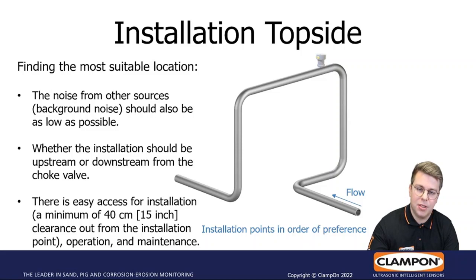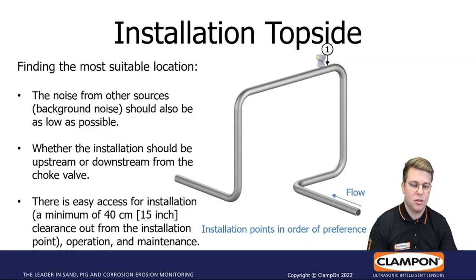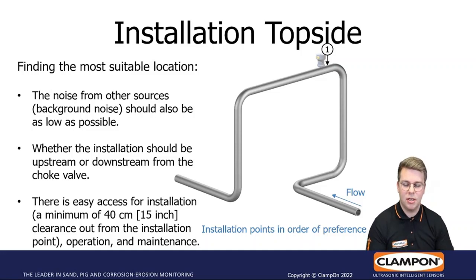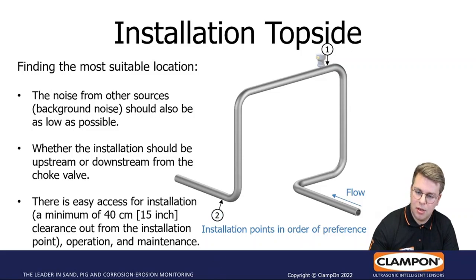The first and best location would be here, from a vertical up to horizontal in the bend. And this is because the particles will mix together with the multi-phase flow, and that gives you a more even distribution where the particles will hit the metal pipe. The second wanted location is a vertical down to horizontal.